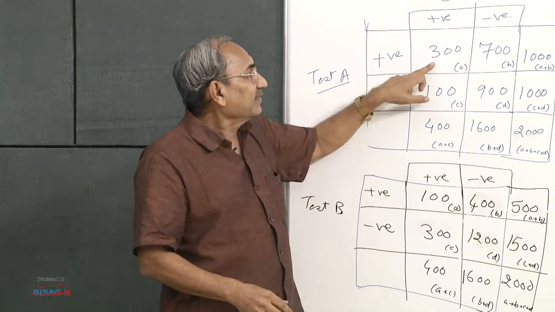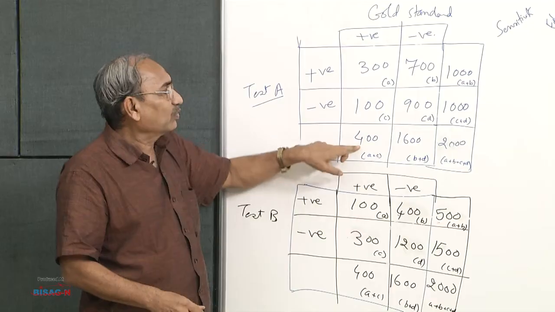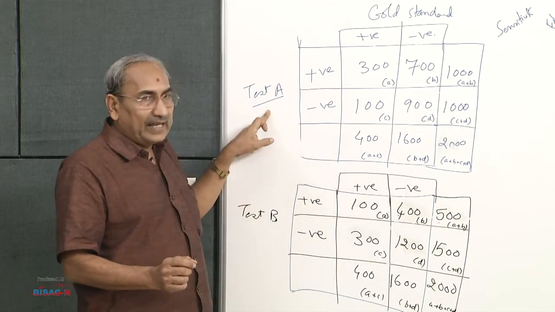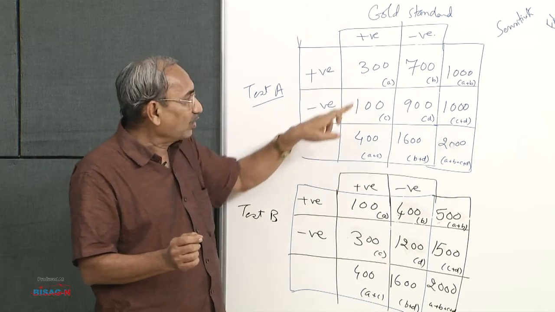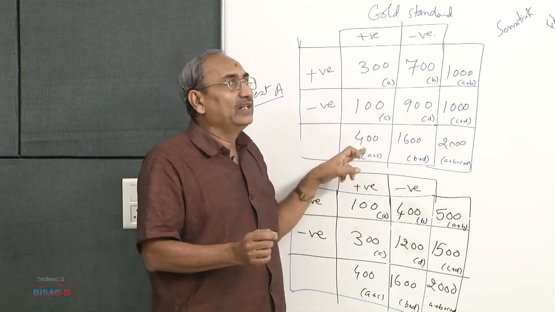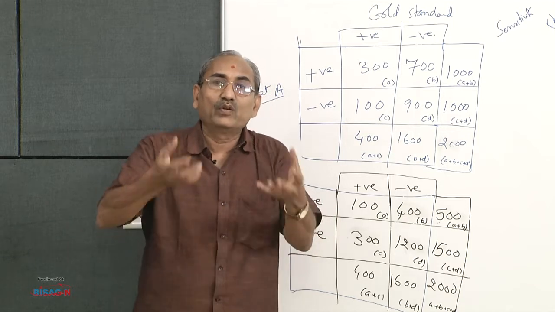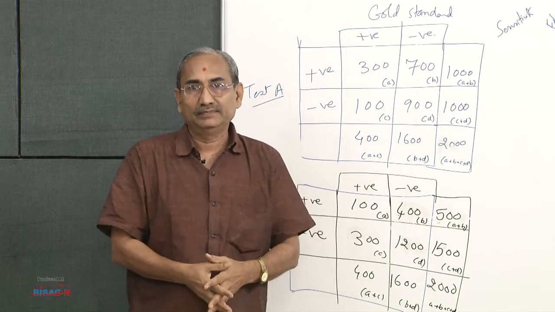In this case, test A could detect 300 out of 400 positive cases. So, this 300 out of 400, that is the maximum capability of a test to find out the maximum positives out of total positives, is sensitivity.